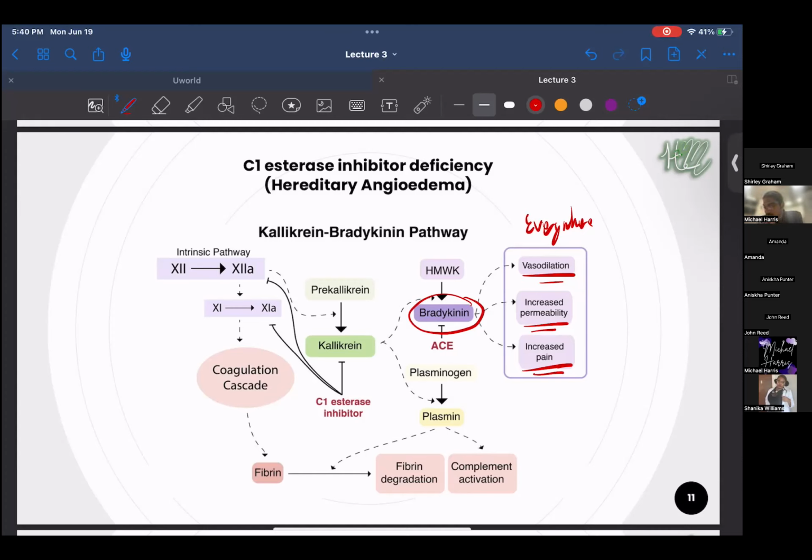Now, with that being said, you can see that what C1 esterase inhibitor essentially does is it stops the production of kallikrein. Kallikrein is a liver-produced enzyme that is formulated from prekallikrein. Whenever you have your immune system activated, this process gets activated as well, because prekallikrein and kallikrein deal with activation of complement.